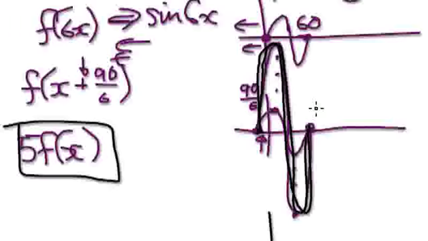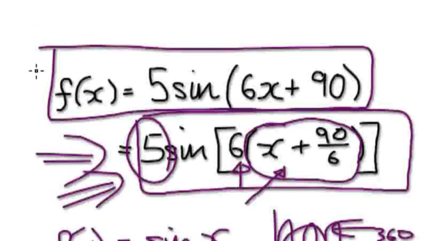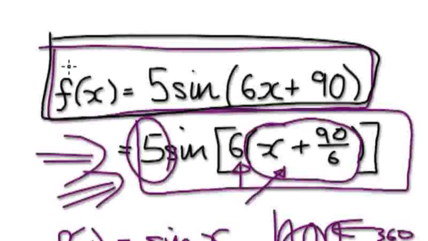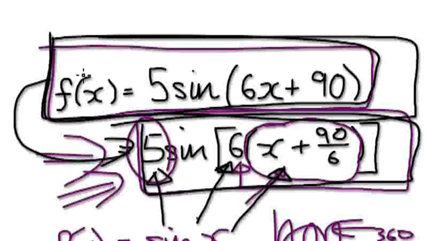So we started out with this here, and then rewrite it as this, and once it's in this form here, you can see what's going on. You've got to squeeze everything by 6, apply this transformation here, and then stretch everything upwards by a factor of 5. Okay, so start out as this and rewrite it as this, and then you can see what's going on.